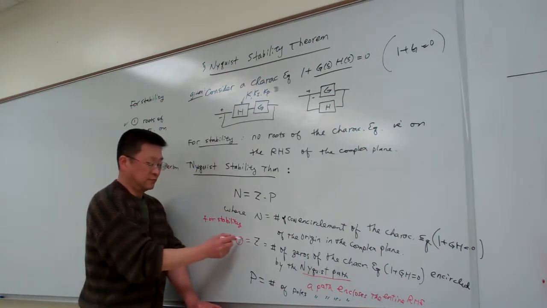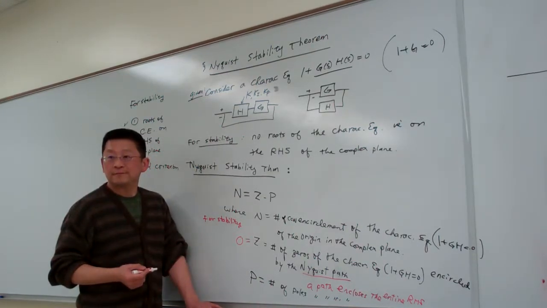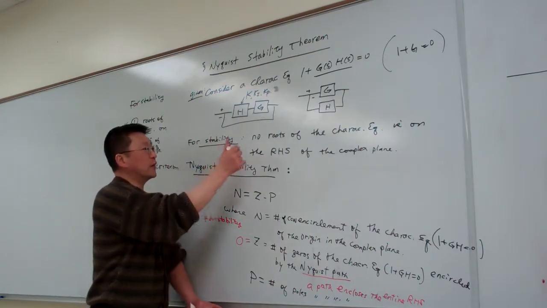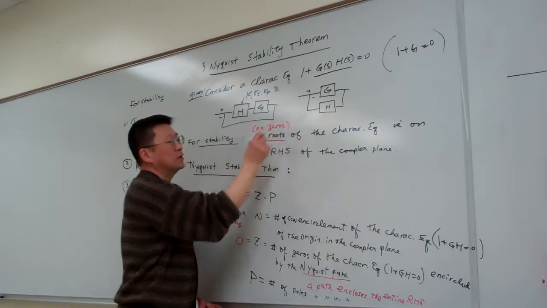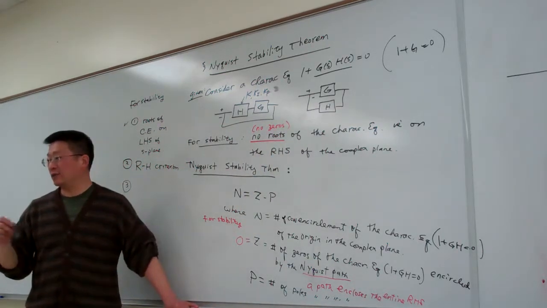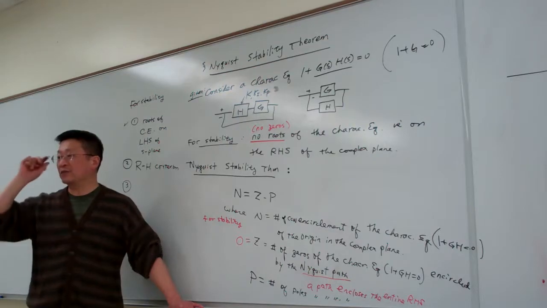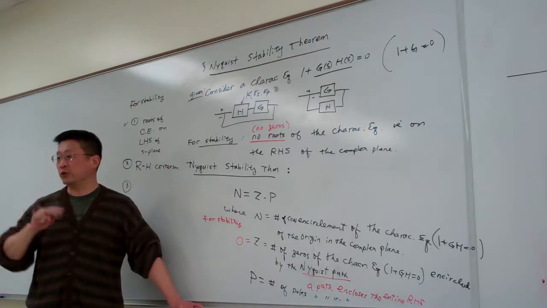Zero. Right? The statement of this one, no roots, means no zeros. You know the definition of zeros and poles, right? Zero means the root of the numerator.